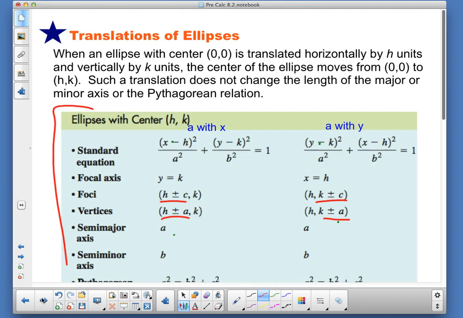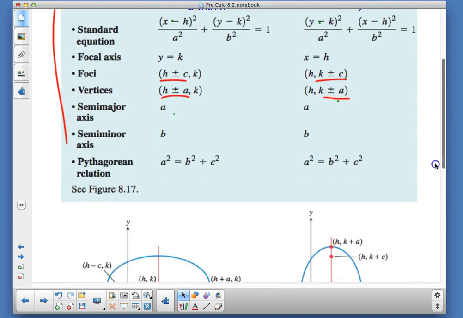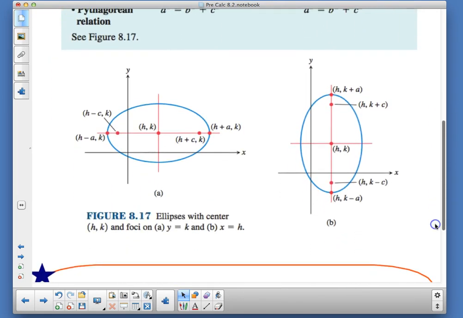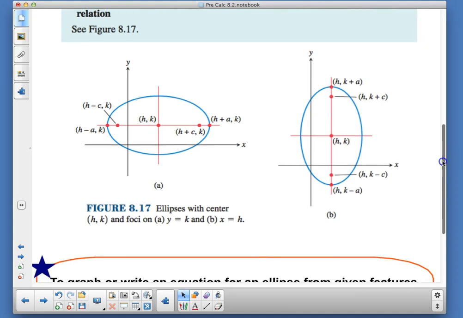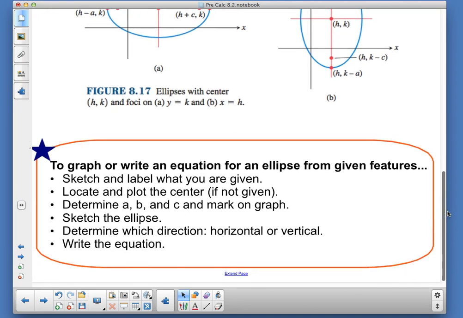But it's the same stuff that we just did, except my center is now HK. Any questions about the connection with them? And we're still moving it around the axis the way we did everything with our parent functions at the beginning of the year as well. Okay, so I won't labor like I did on the first picture because it's very similar. We're still talking major axis, we're still talking minor axis. It's just that our center is now HK.